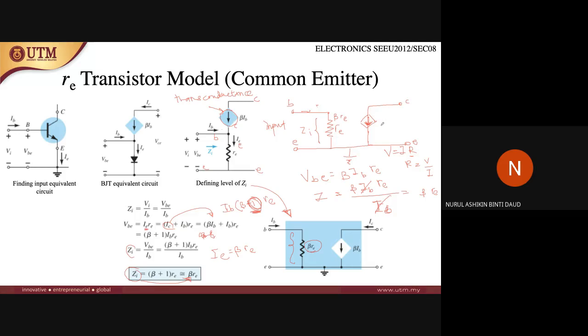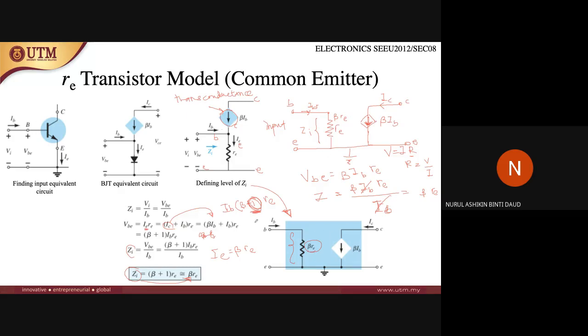So the value here is actually IC, right? But IC equals beta IB. So it means that the current flowing inside here depends on the value of the current IB, right? So that's why it looks like this.